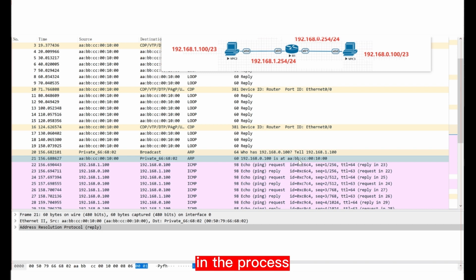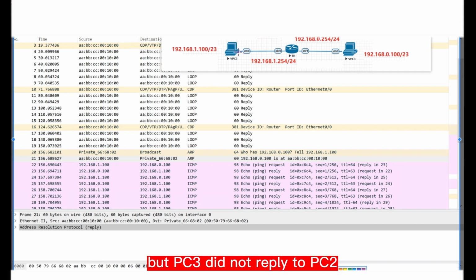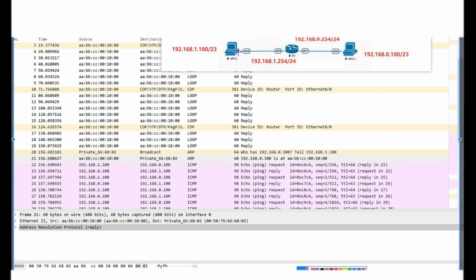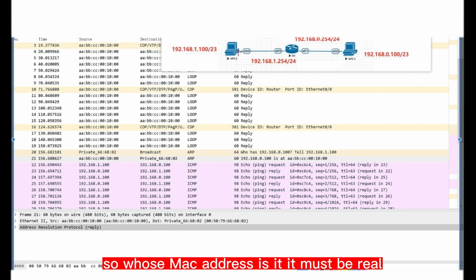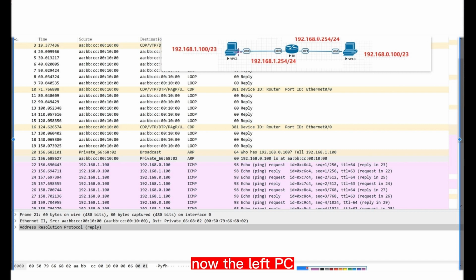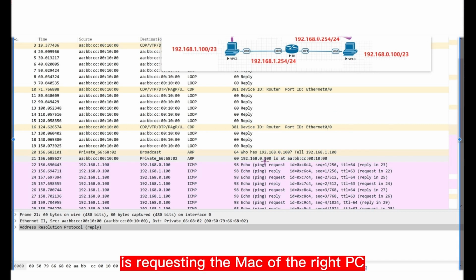In the process, it goes to request PC3, but PC3 did not reply to PC2, yet it does get a MAC address as if from PC3. So whose MAC address is it? It must be real. Now the left PC is requesting the MAC of the right PC.